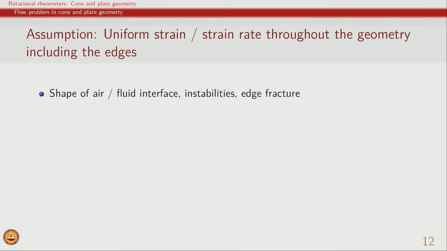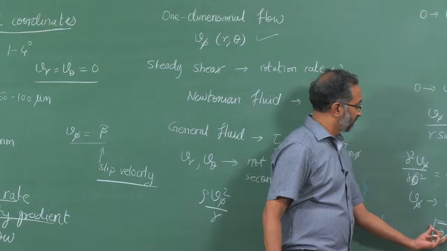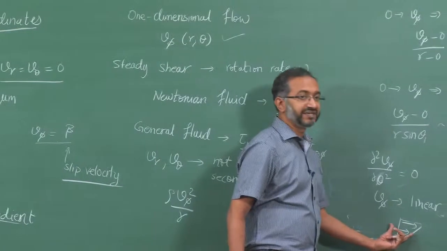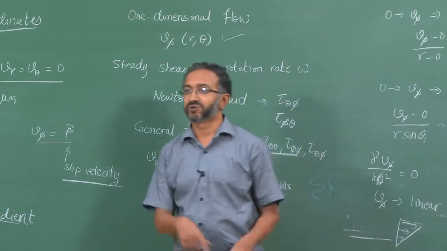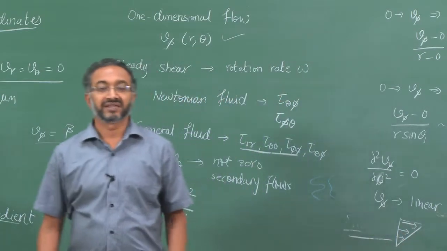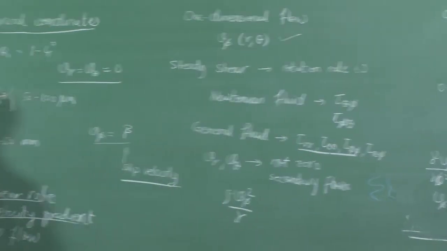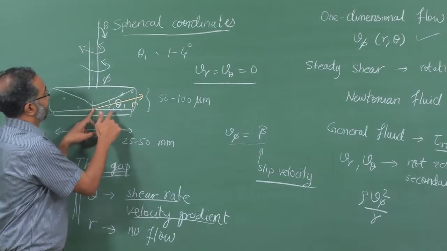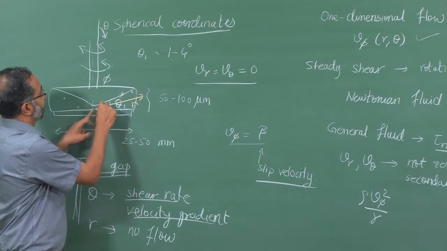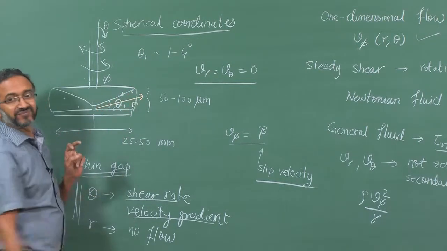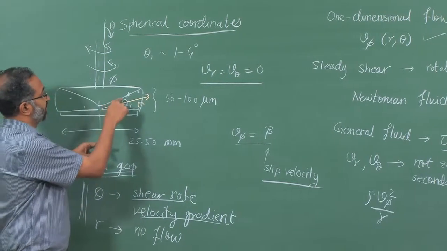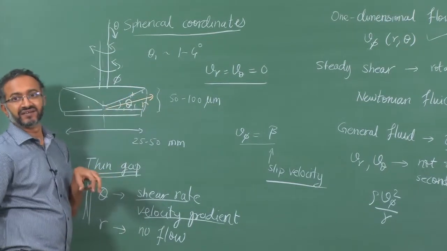The other thing that we have said, therefore, given that V phi only depends on theta, is that in general whatever strain rate is seen in one location is seen throughout the geometry. That can be justified based on the fact that when you go from here to here, if you look at this height, the height keeps on changing, but the top velocity also keeps on changing.